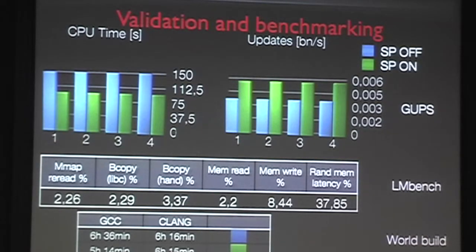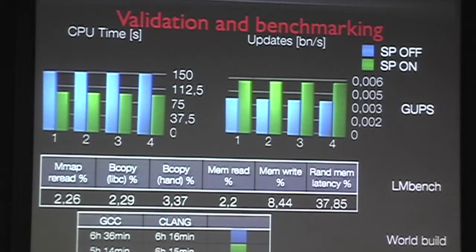In the first row, we've got results from the giga updates per second. The CPU time using superpages, that was the CPU time used during the test, dropped by about 30%. And in this shorter time, we gained about 30% more updates per second.